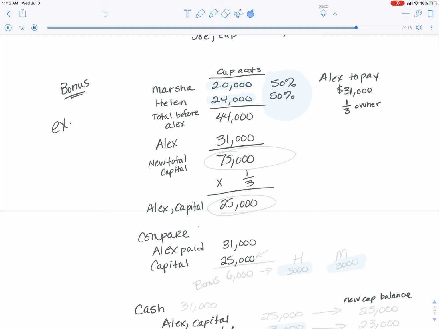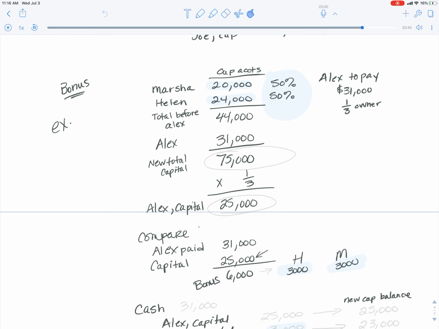Like Alex put $31,000 into his capital bank account, but he really only got credit in his account for $25,000. So essentially, Helen and Marcia got the difference of $6,000 in their capital account. So there's a $6,000 difference.